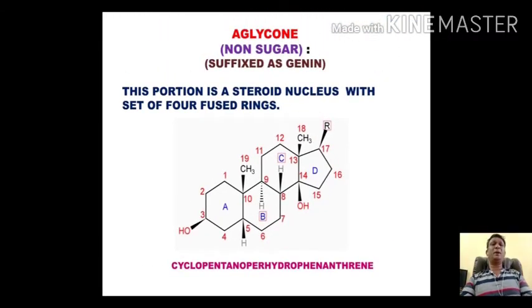Now a few important things: at C10 and C13 we have two angular methyl groups.